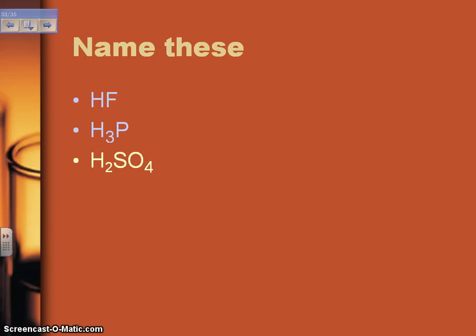Here I have H2SO4. We have oxygen, so this is an oxyacid. We don't use the prefix hydro, and we'll just name this sulfuric acid. HClO3, we just talked about.